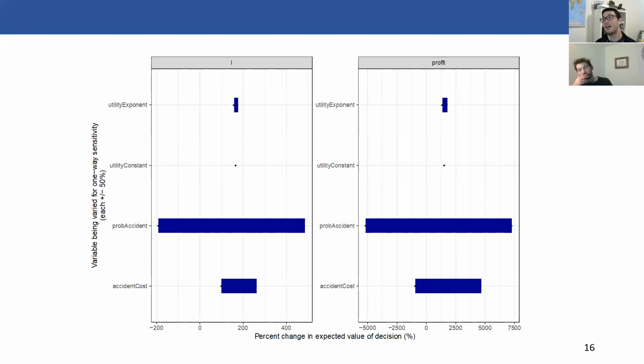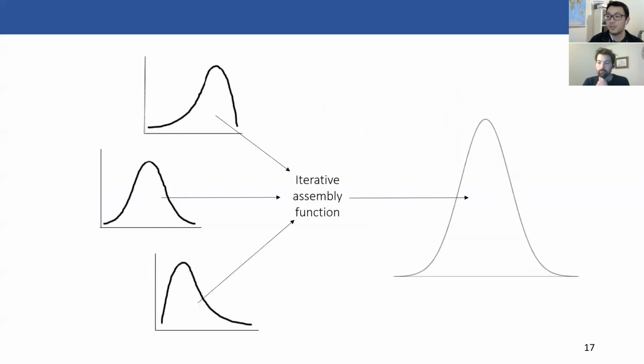There are definitely some trade-offs between doing a full-blown Monte Carlo versus doing these one-way or two-way sensitivities, but together, they give you a nice holistic view of the uncertainty that propagates in your inputs and what it means for your outputs. So let's talk about how Monte Carlo works.